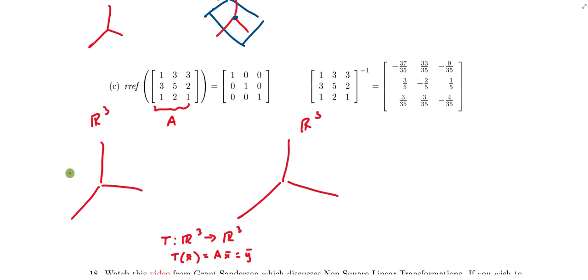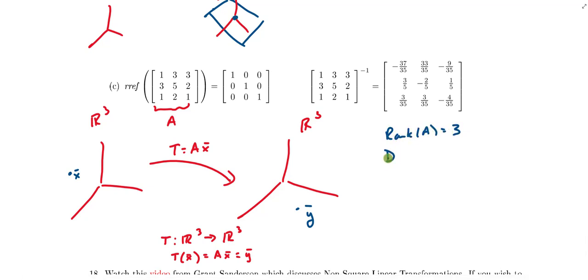So here would be the vector X. Here would be the vector Y that it gets mapped to under our transformation T. So in this case, first of all, we notice that the rank of A is 3.